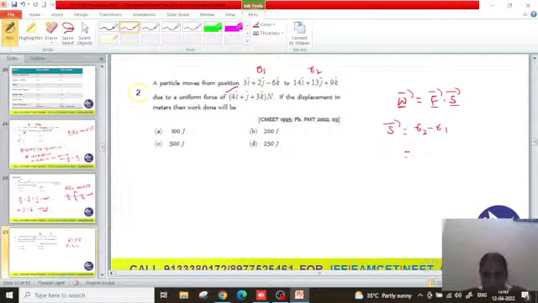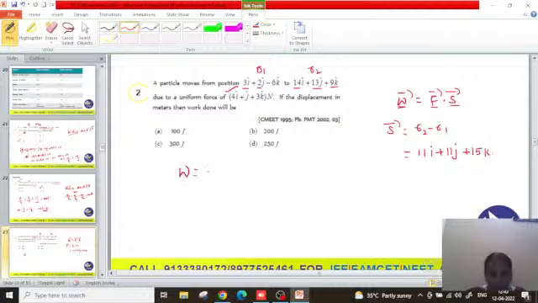Then the displacement will be 14 minus 3, so it is 11i, 13 minus 2 is 11j, 9 minus of minus 6 is 15k. This is the displacement.